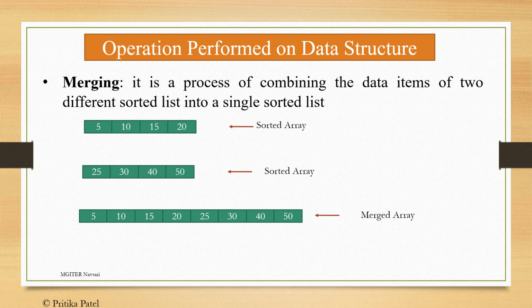Here in this example, two sorted lists are given, that is 5, 10, 15 and 20, and the second list is 25, 30, 40 and 50. Now by using the merging operation we can combine these two lists into a single sorted list. So we get the sorted list 5, 10, 15, 20, 25, 30, 40 and 50.